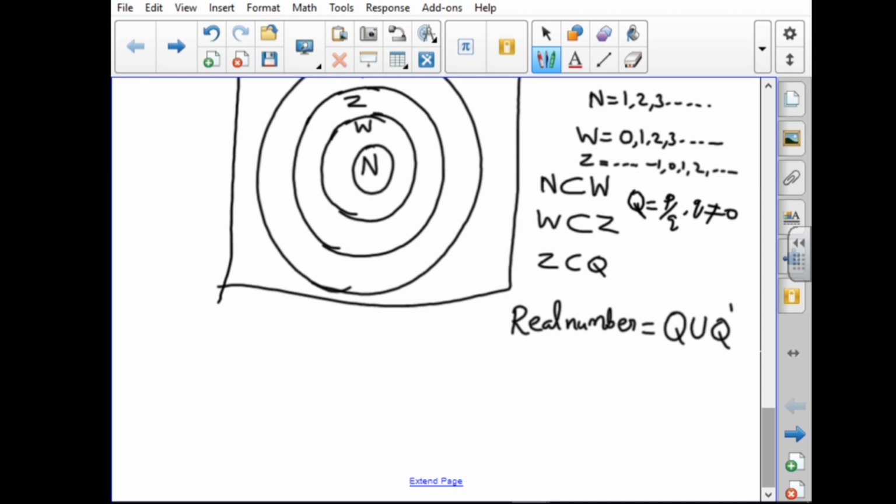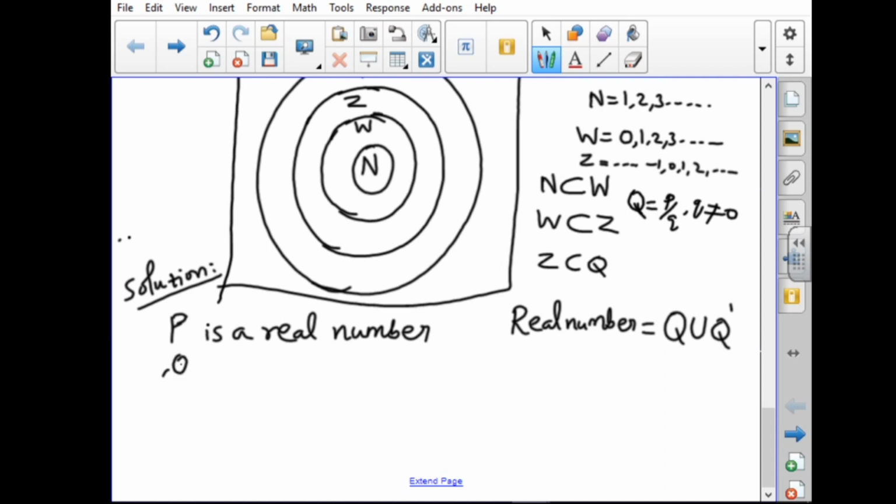Okay. So now we are talking about the irrational numbers and real numbers. Here P is a real number. So now we are starting the solution. P is a real number.